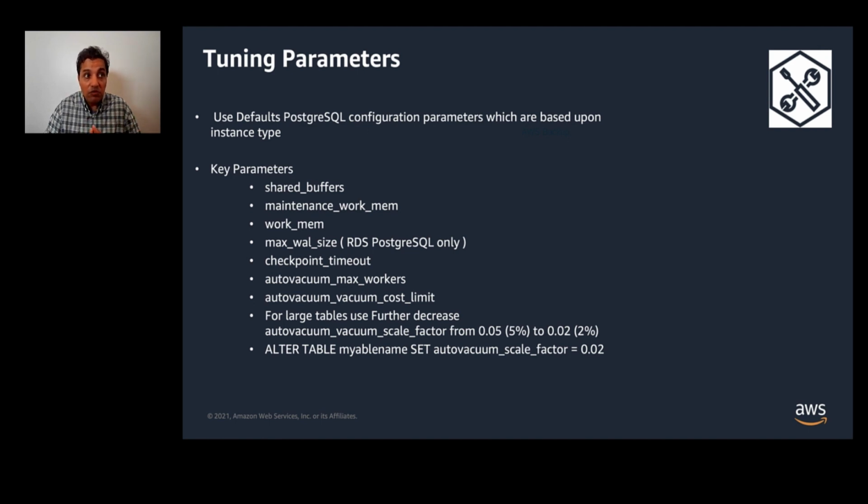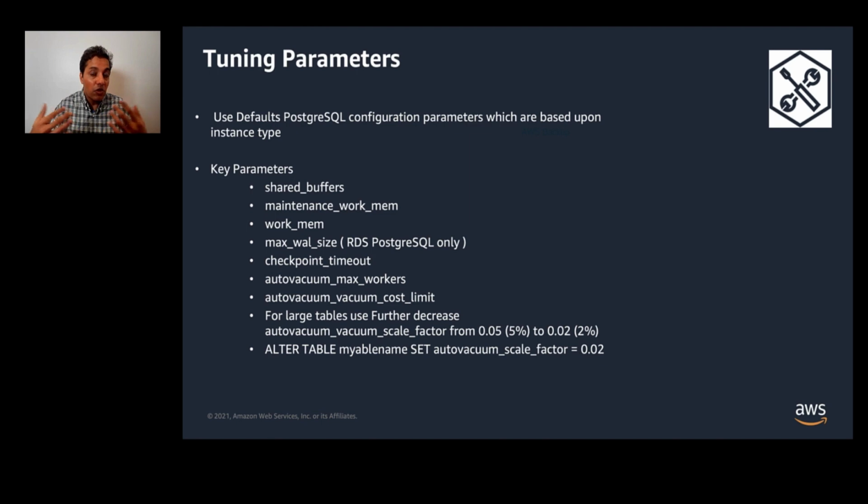checkpoint_timeout, autovacuum_max_workers, and autovacuum_cost_limit are again important ones, especially when you are trying to tune your autovacuum. For large tables, autovacuum has a default setting, which is a threshold of some percentage of dead tuples. It'll start your vacuuming. However, if you have a very large table, in that case, the default 5% might not be reached for a long time.